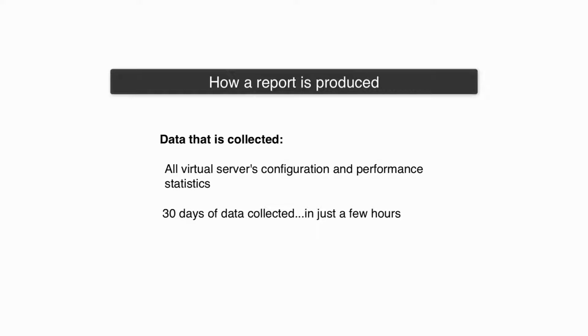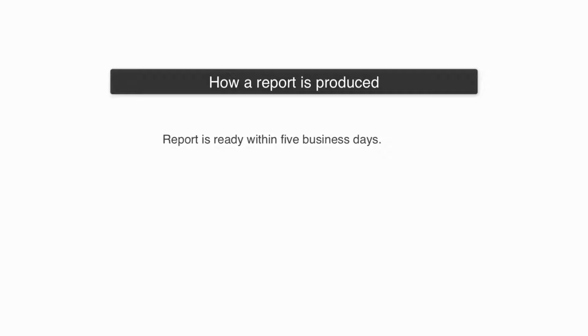Importantly, during this time, no confidential business data or personal data is accessed or collected. ACE only needs information about your actual technology assets. Within 5 business days of collecting your data, we guarantee to have your interactive report ready for you. So let's show you what you'll get in our cloud cost estimation report.